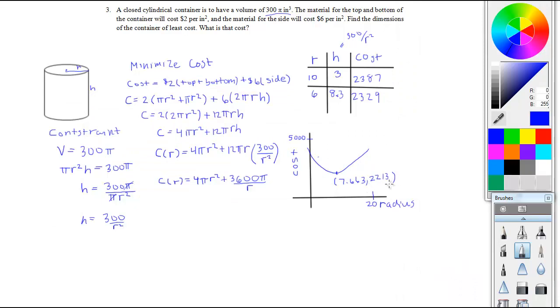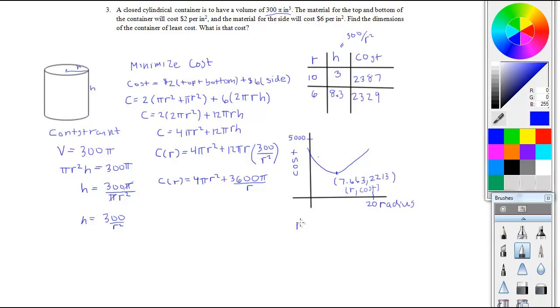Alright, so I can't quite fit that decimal value in there, but that's close enough. So then the answer to the question, remember that these values are radius, comma, cost. And the question is, find the dimensions of the container of least cost and what is the cost.